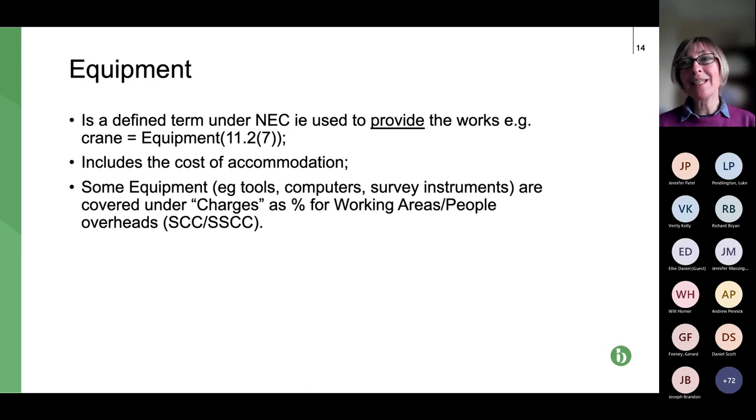Personally, I think the key is, as long as you're not double claiming it, that's the most important thing. However, I do know that some project managers are very, very rigid about this. So if you claim it under equipment and it should be under charges, they'll delete it. They'll certify it as nil, which means you've got to wait till the next application for payment before you claim it. You just need to be careful about that. Next slide, please.